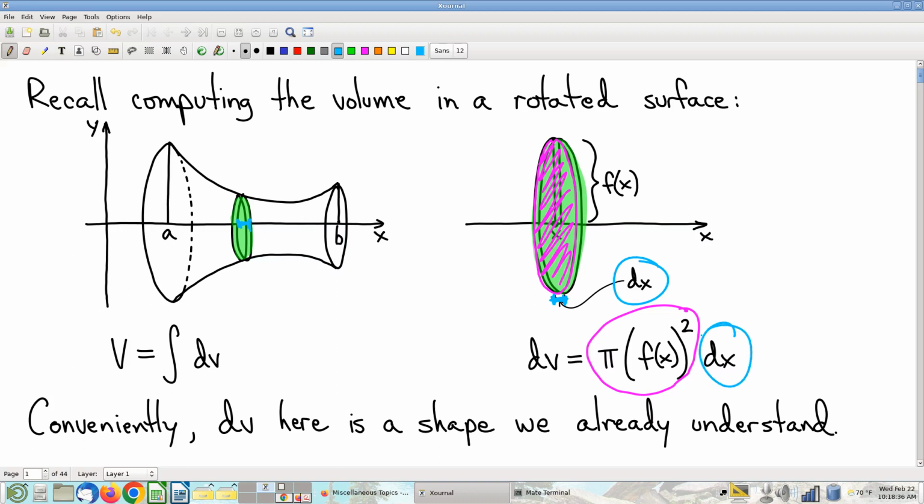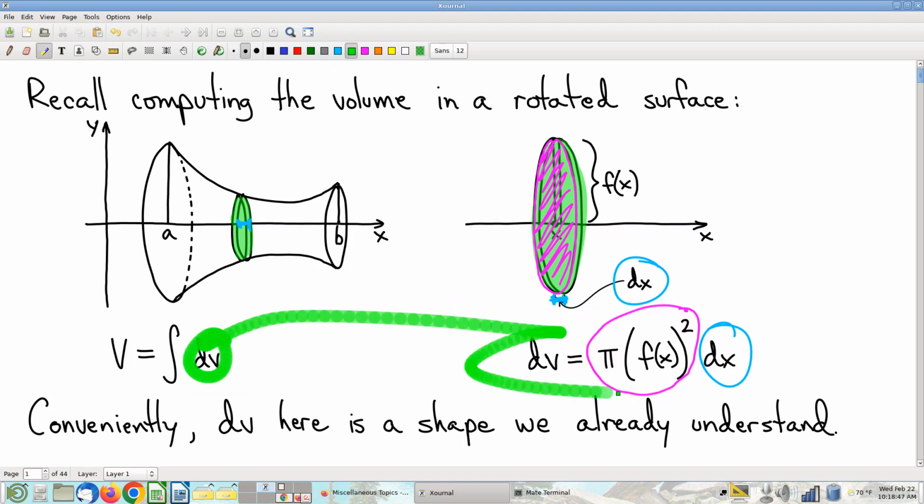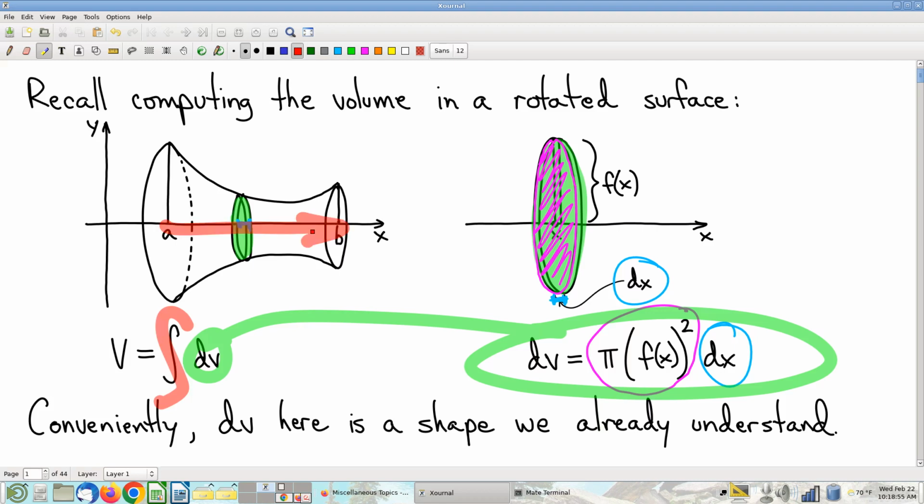And, well, area times thickness gives you little pieces of volume, right? And then that little piece of volume, that dV, you add those up. You add them up, of course, with an integral where you let x go all the way from a to b. You add it up, and boom, right? Everybody cool? Okay, old memories.